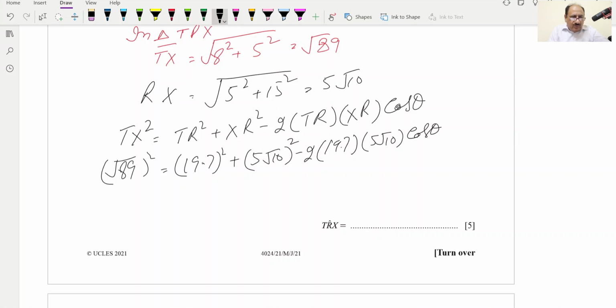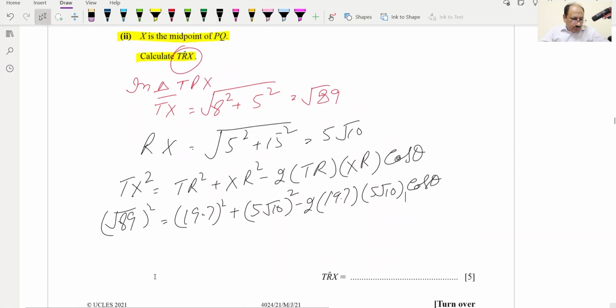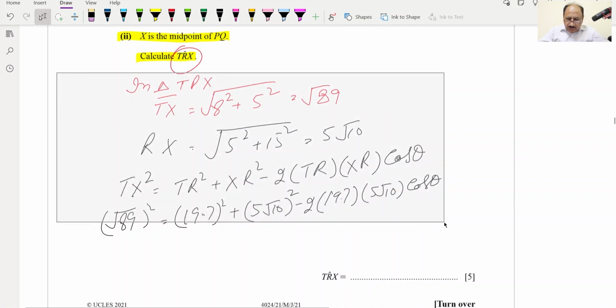So we can now rewrite it. I will reduce this to make space for working.